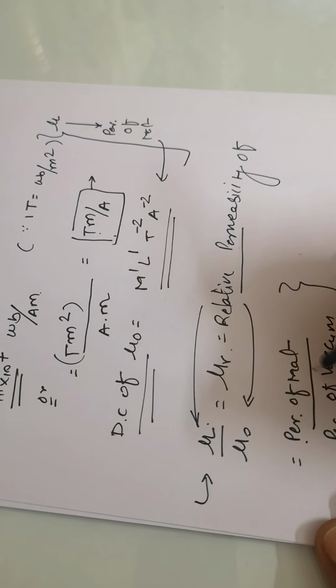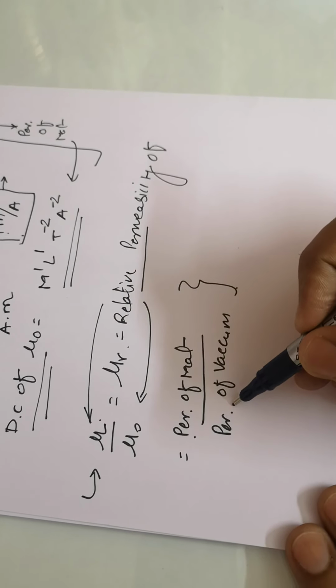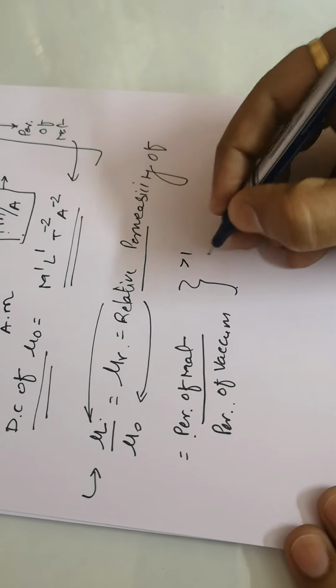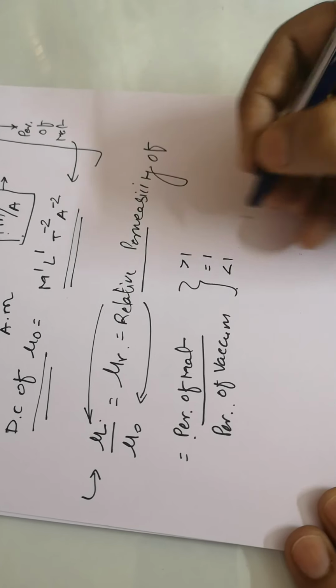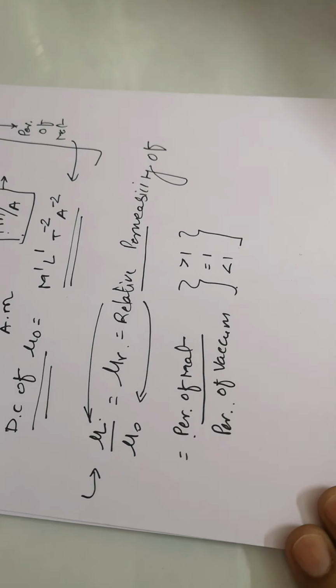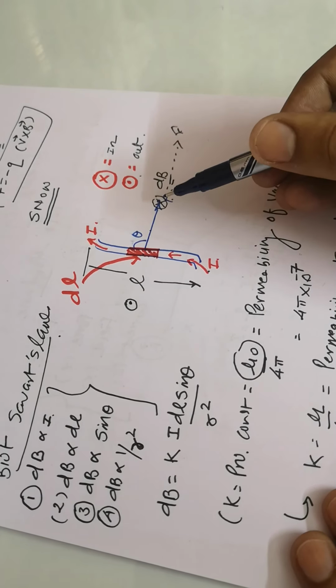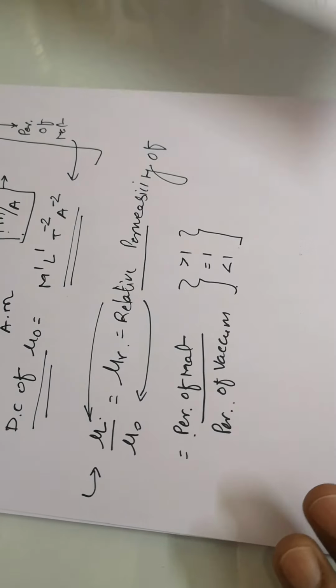Always we are comparing these two quantities, and our answer would be either greater than 1, or equal to 1, or less than 1. It means that our media in which we have placed our current carrying conductor, what amount of magnetic force we will receive. So this is the ideal condition.